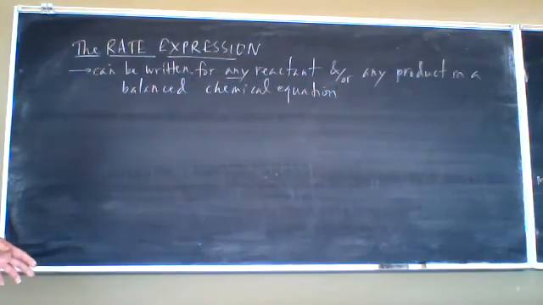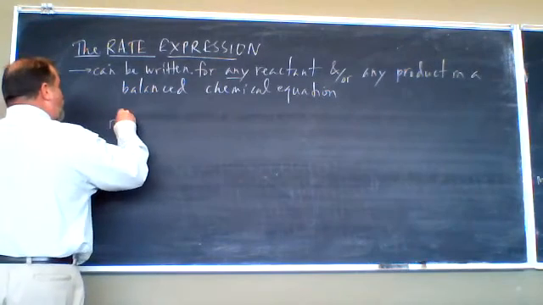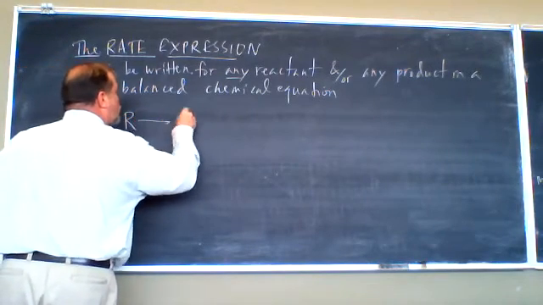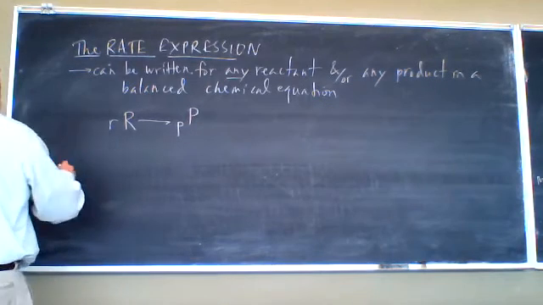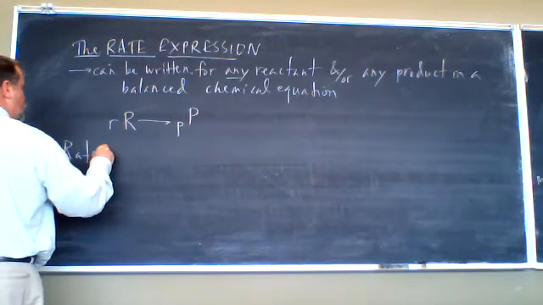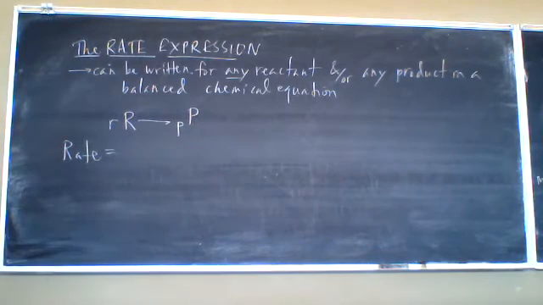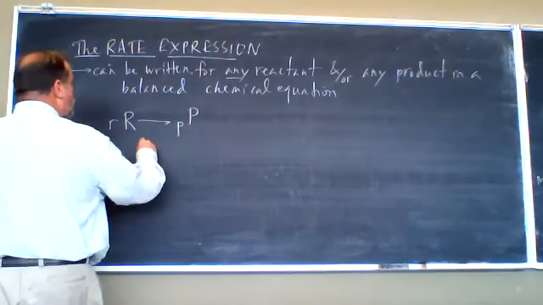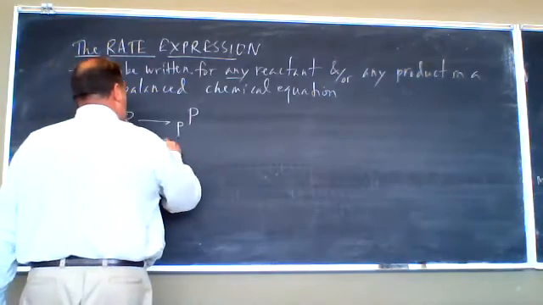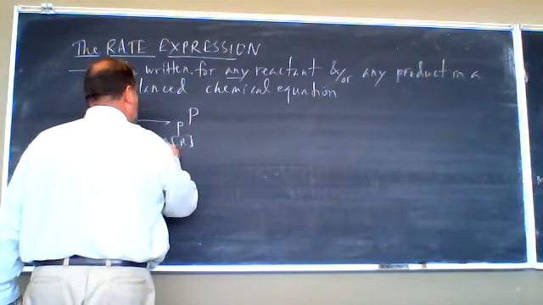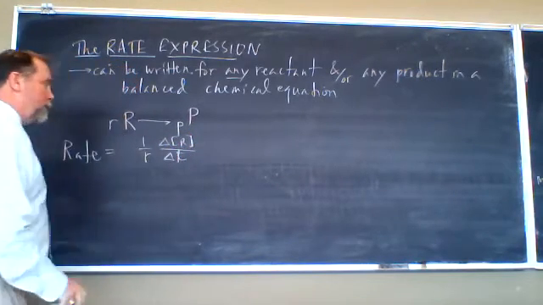So let's start generally. If we have R moles of R reacting to form P moles of P, in order to write the rate expression, we would say that rate is equal to the reciprocal of the molar coefficient, so 1 over R, times the change in concentration of R with time.